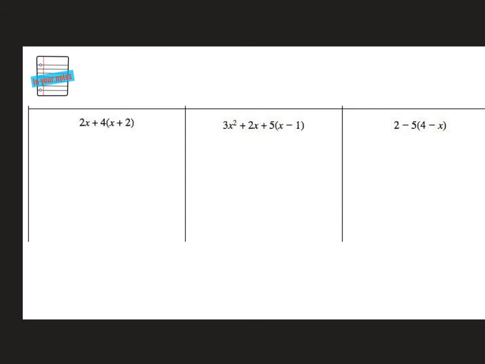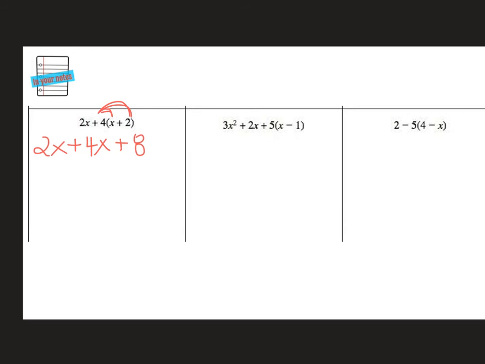All right, last couple level 3s here. First off, what we want to do on these problems is get rid of these parentheses by using the distributive property. I notice as I see this problem here, the 4 is what's outside of my parentheses. So that is the number that needs to go through. I'm going to leave my 2x, and then I'm going to have plus 4 times x is distributing, and 4 times 2, which is 8.